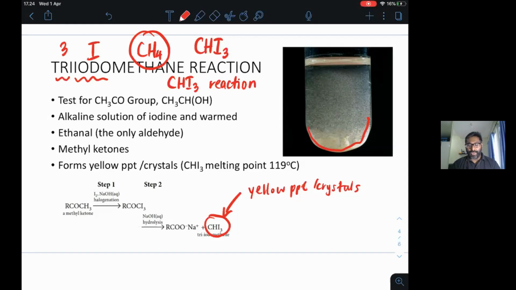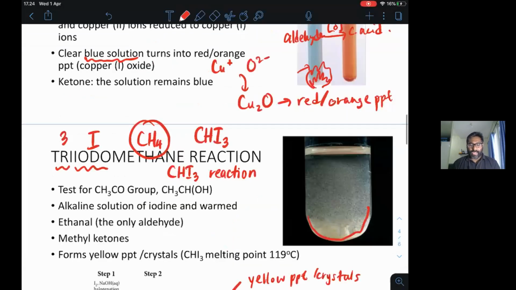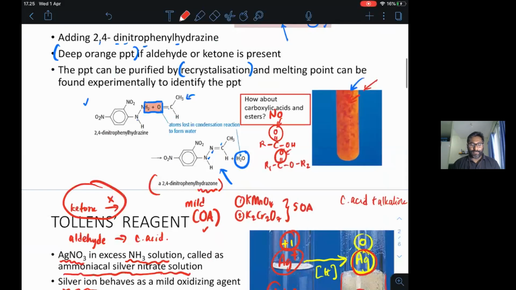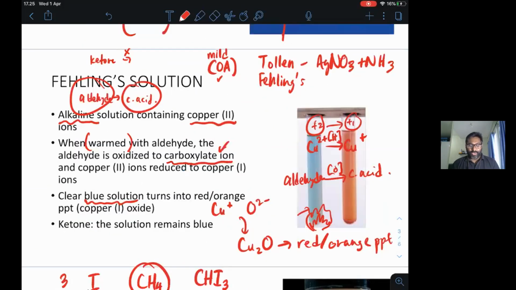I want you to really remember the precipitates. Yellow precipitate is the triiodomethane reaction. With DNPH, that's going to be a deep orange precipitate. But with Fehling's solution, that's going to be an orange precipitate. So you see, there are so many colors over here.